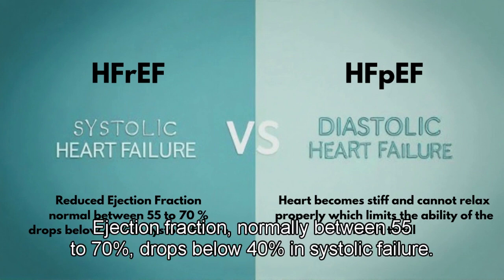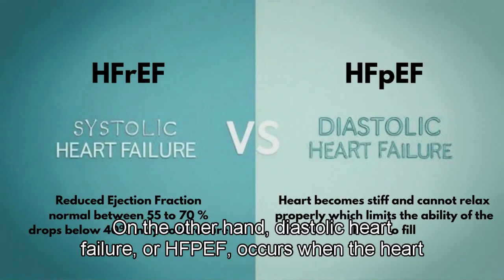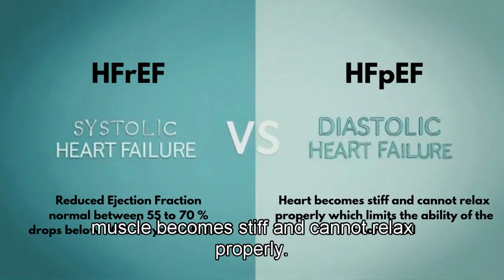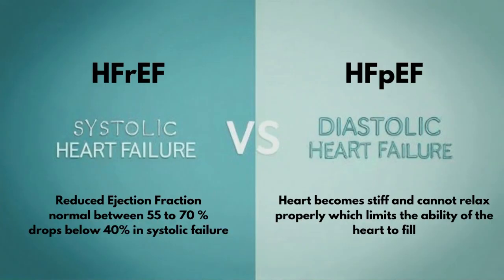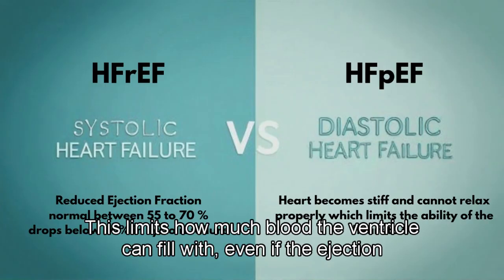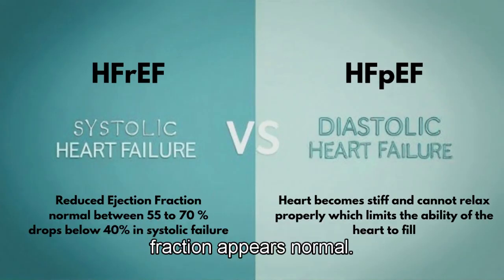Ejection fraction, normally between 55 to 70%, drops below 40% in systolic failure. On the other hand, diastolic heart failure, or HFpEF, occurs when the heart muscle becomes stiff and cannot relax properly. This limits how much blood the ventricle can fill with, even if the ejection fraction appears normal.